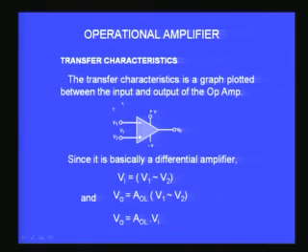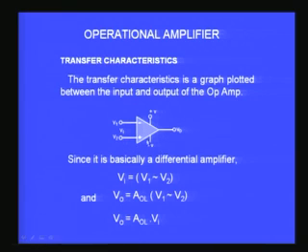So you can see on the screen you have an operational amplifier with the two inputs V1 and V2 corresponding to the inverting and the non-inverting inputs, and you have the output, and the V plus and V minus correspond to the power supply.